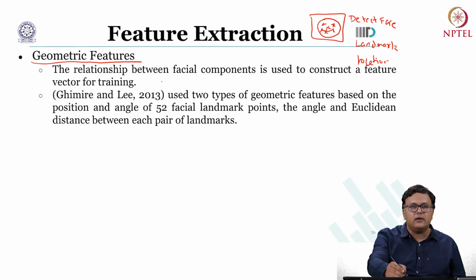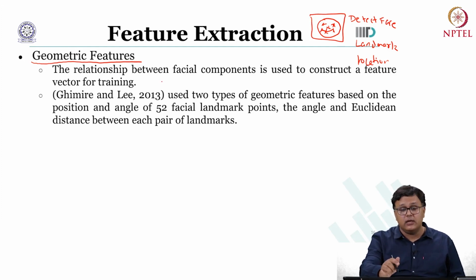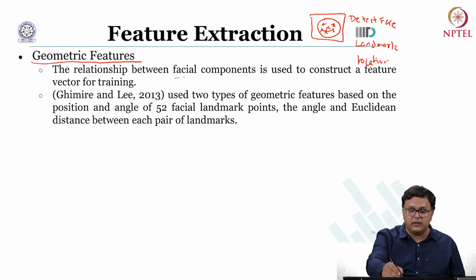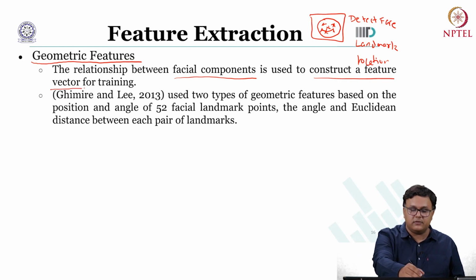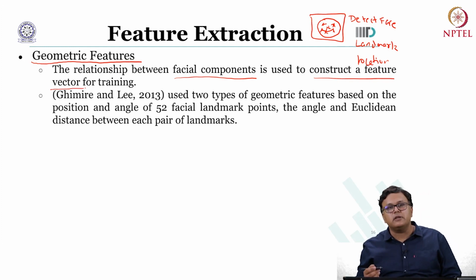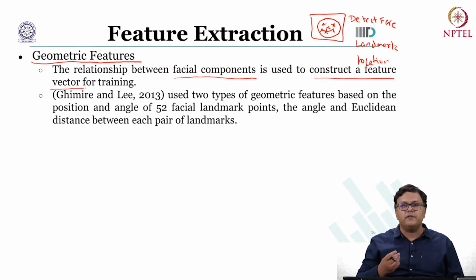Now, clearly, at least for macro expressions, there is a strong relationship between the facial component and the feature construction. Okay, so when you use these geometric features, you can understand if a person is smiling or if a person is sad, because the facial points are moving as such.